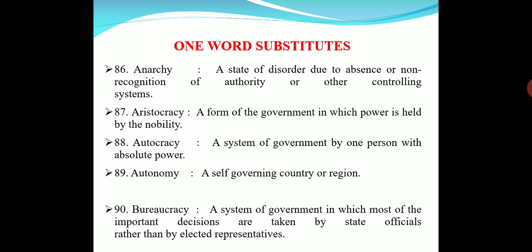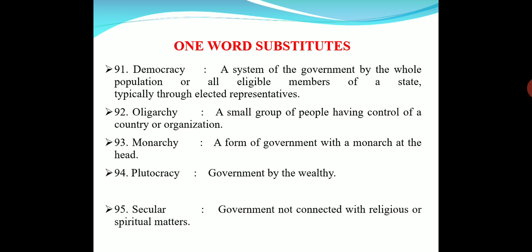And bureaucracy. Bureaucracy is a system of government in which most of the important decisions are taken by the state officials rather than by elected representatives. So, more power is for the officials than the elected representatives.